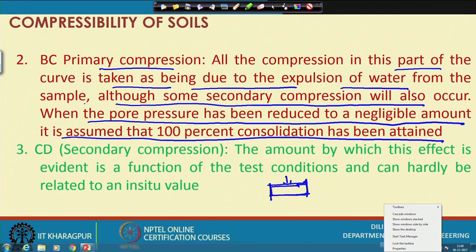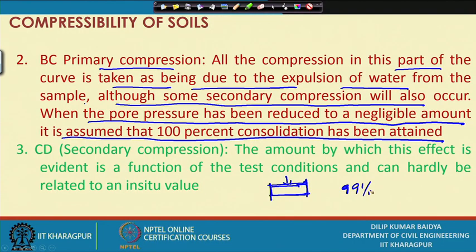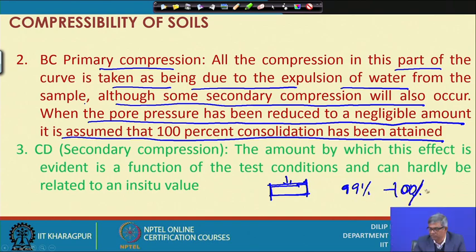But sometimes the dissipation from 99% to 100% may take a very long time. So, because of that, sometimes when pore pressure becomes negligibly small, some 98%, 97%, we may still consider it a completion of consolidation, otherwise you have to wait for a long time.